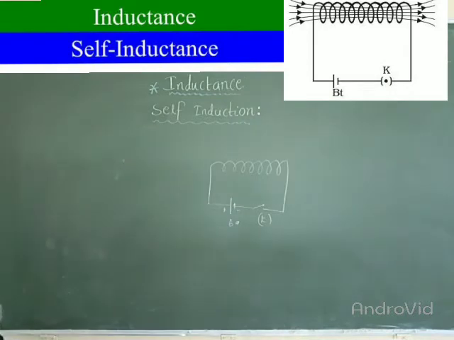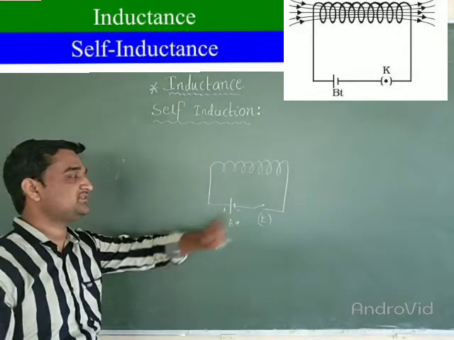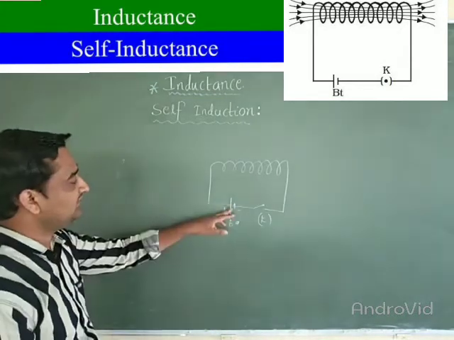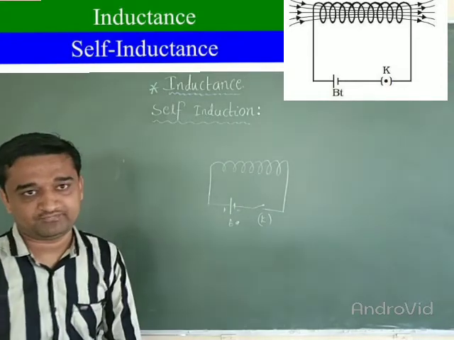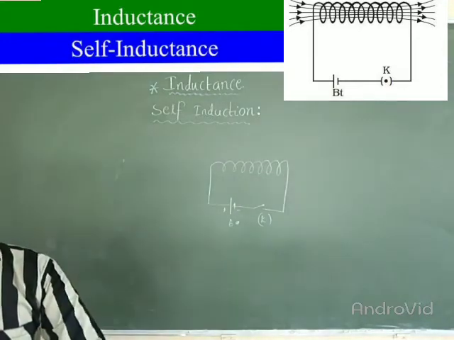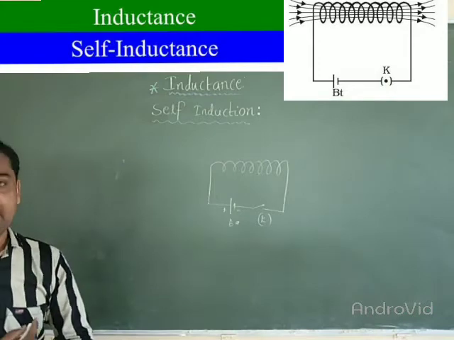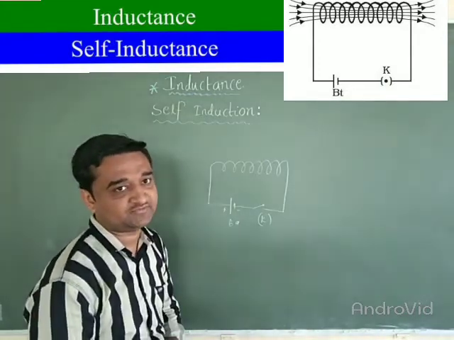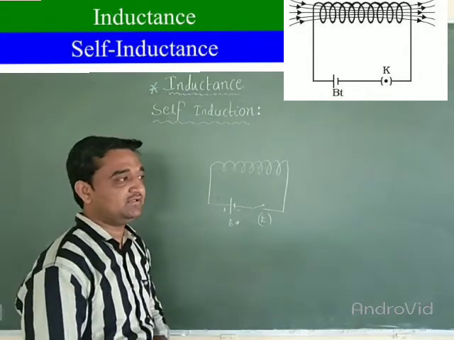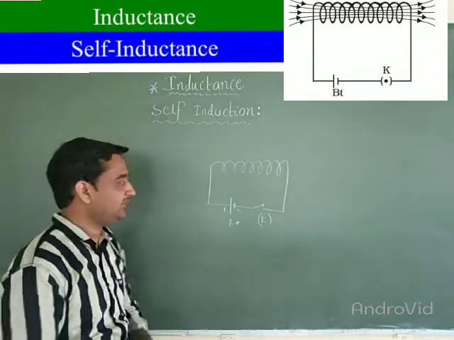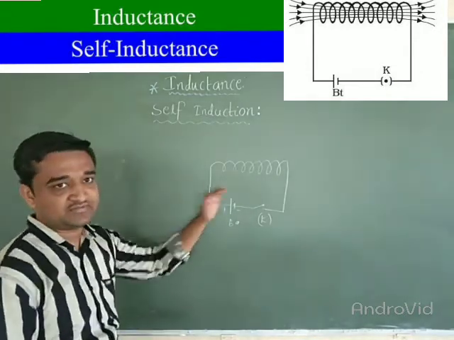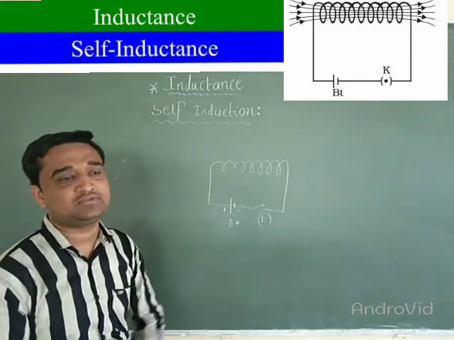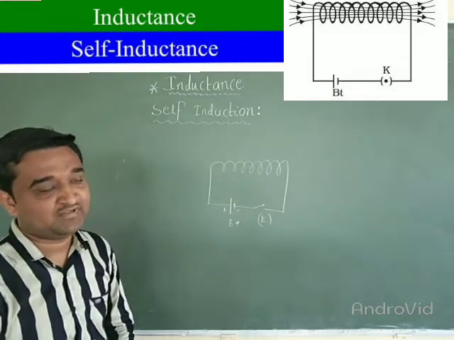Now when the key is pressed, current is passed through the coil, and the current rises from 0 to a maximum value in some time delta t.